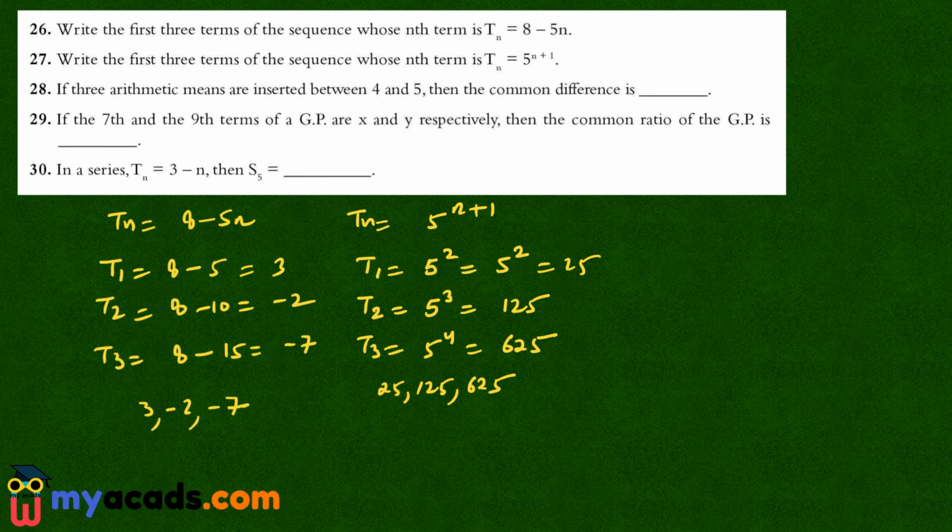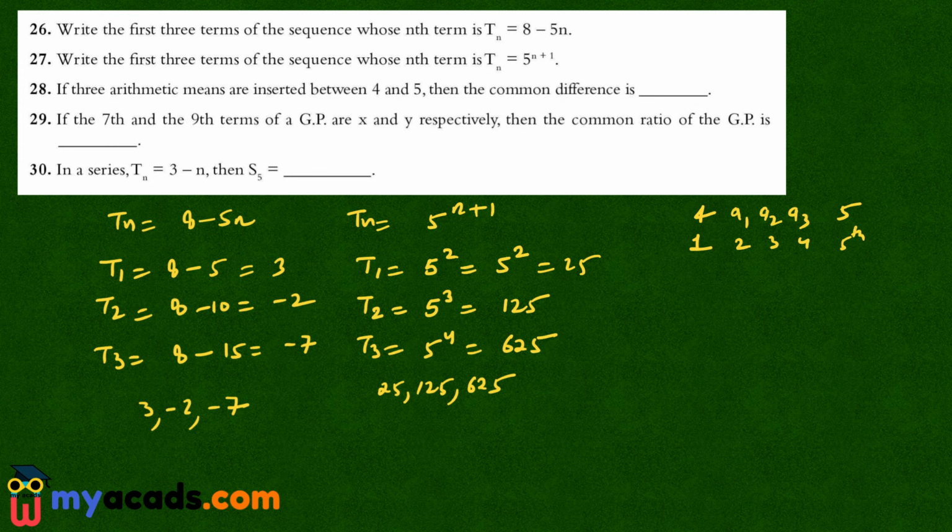My next question is, if three arithmetic means are inserted between 4 and 5, then the common difference is dash. So my two numbers are 4 and 5 and I have inserted three arithmetic means. Let those three arithmetic means be A1, A2 and A3. Now this is my first term, this is second term, this is third, this is fourth and this is fifth term.